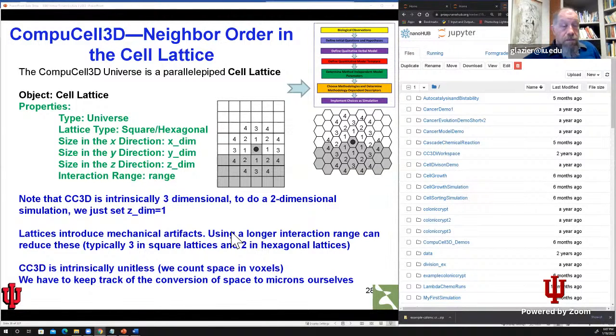And that's something that we have to think about. In general, the simulations we're going to be running will use one voxel to represent 1 micron to about 5 microns of real space. But there's no reason you couldn't have a voxel represent a centimeter or a voxel represent 1/10 of a micron if you wanted to.